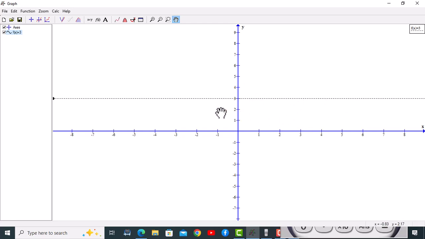The rule says if it is even, f at minus x should give you a positive y value. If you substitute a negative x value, you must get a positive y value. And if it is odd, if you substitute a negative x value, you should get a negative y value. So there is no formula provided for us here. So this is neither even nor odd.